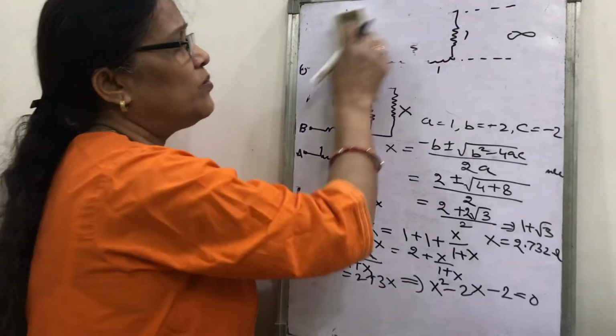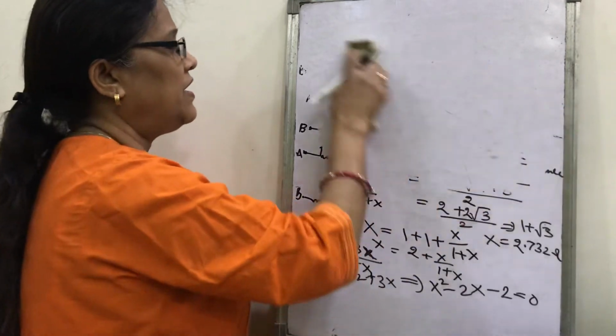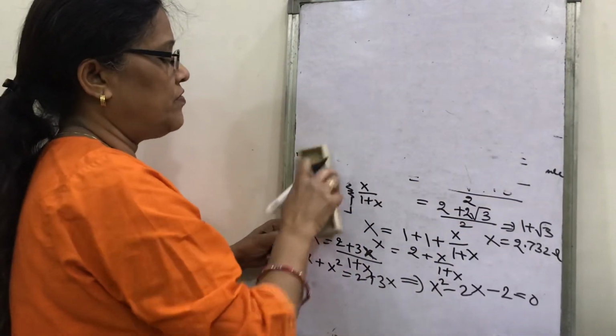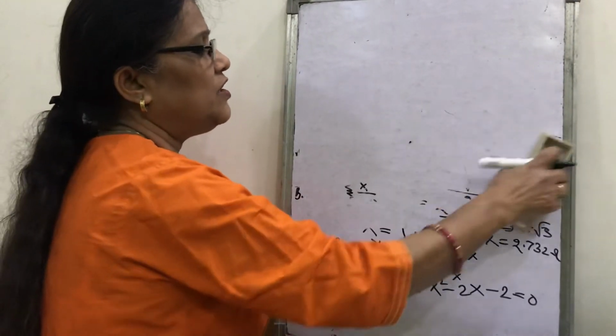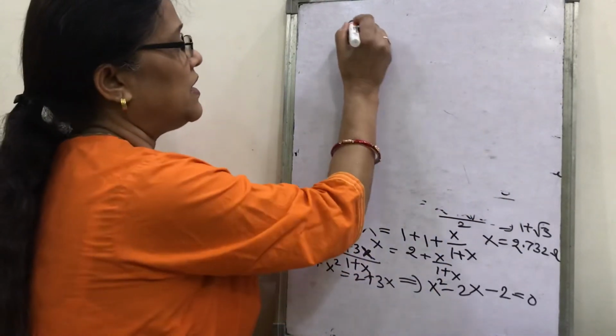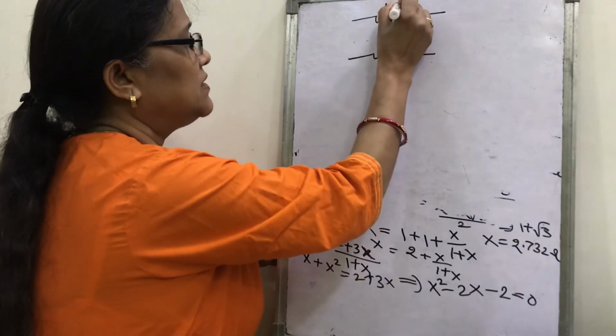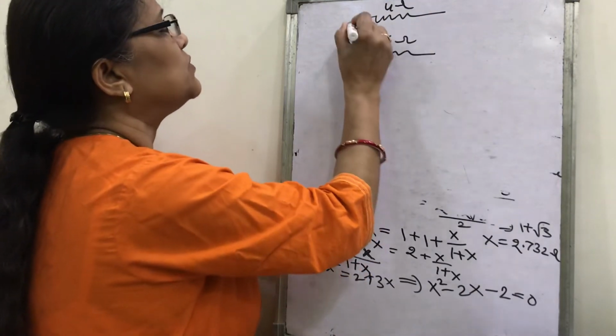Now in this way you have to solve. The second problem I have taken, that there is a circuit given and you have to find the current in any of the branch of the circuit like this. The circuit given is that two resistances, this is 4 ohm and this is suppose 6 ohm.